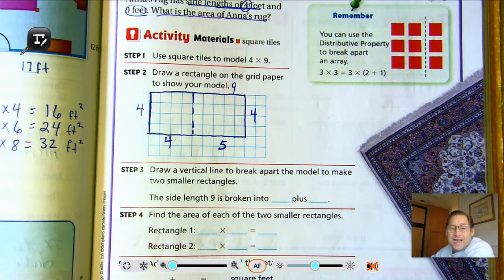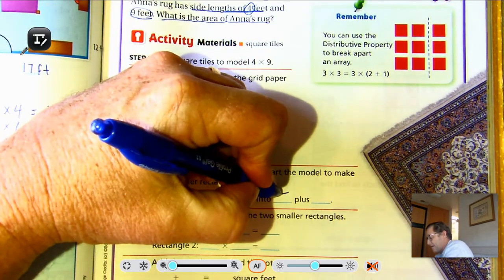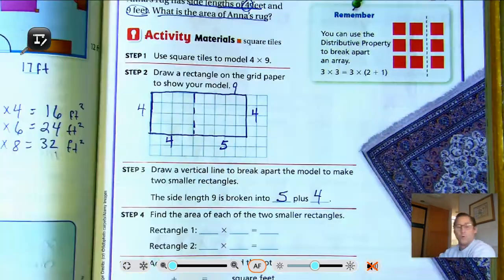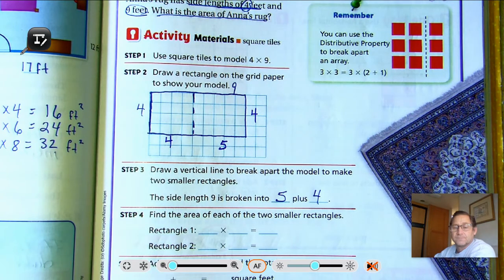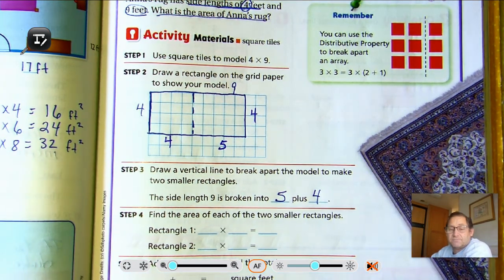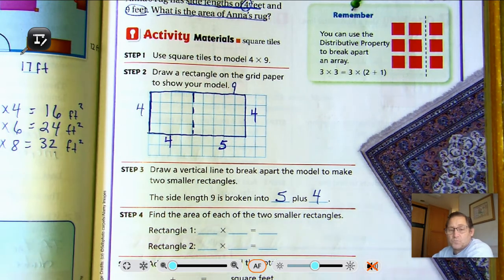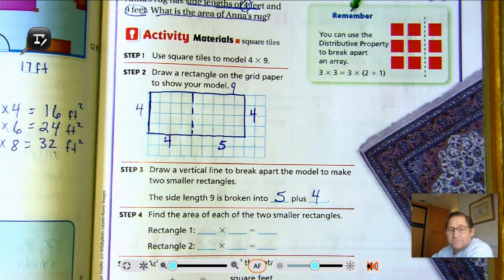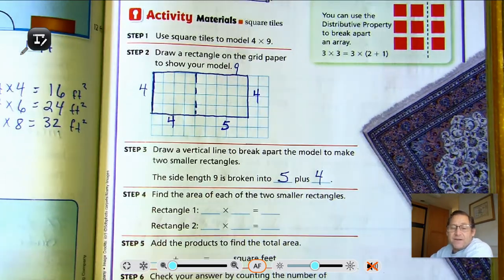So the side length 9 is broken into, what am I going to break it into? I'm breaking it into 5 plus 4. Somebody else might do 6 and 3, 7 and 2, 8 and 1, as long as it adds up to 9. So find the area of each of the two smaller rectangles.